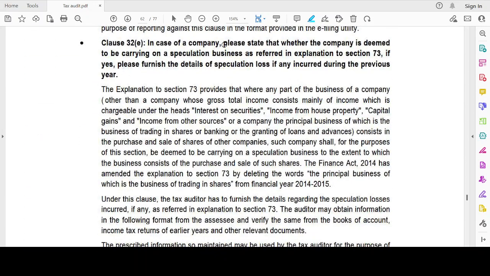32E. In case of a company, please state whether the company is deemed to be carrying on speculation business as referred to in the Explanation to section 73. If yes, please furnish the details of speculation loss, if any, incurred during the previous year.